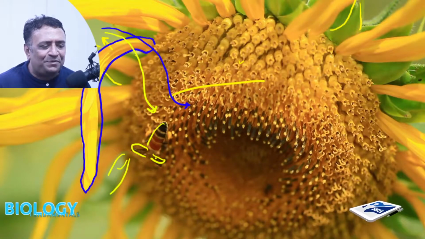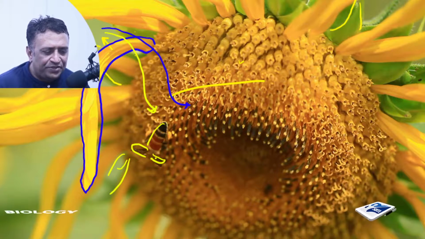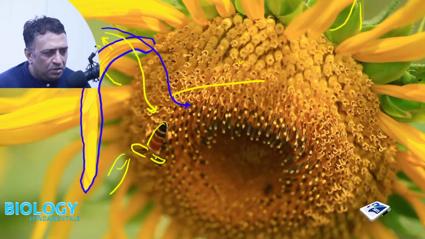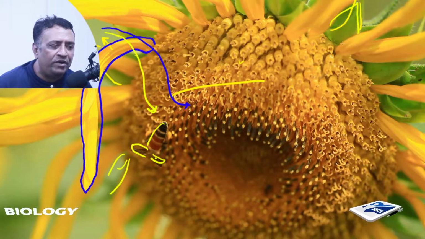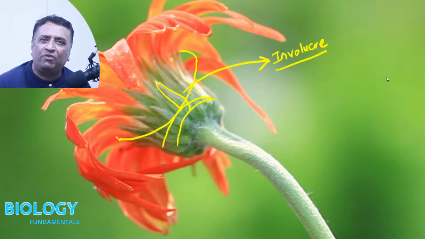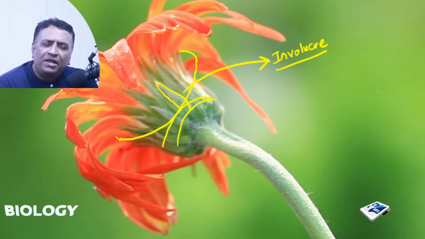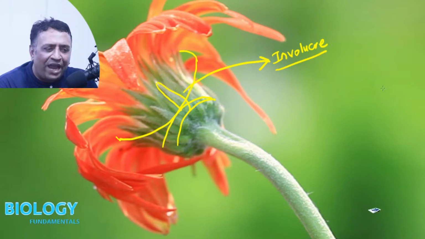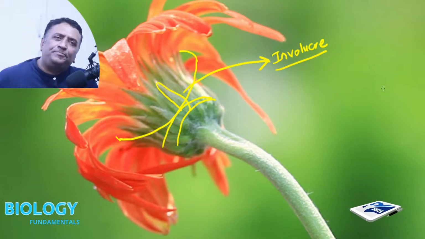There are bracts present in it, and these bracts are in the form of a whorl, and that is called involucre or involucel, that you find almost in every flower of family Asteraceae. Apart from Asteraceae, even the carrot family also has such a whorl of bracts.